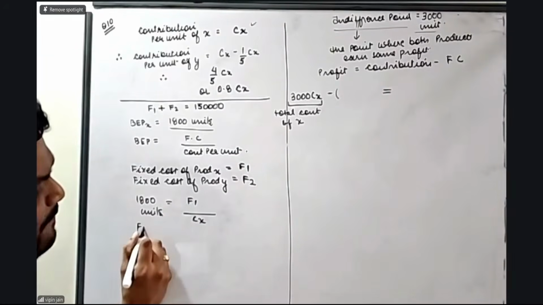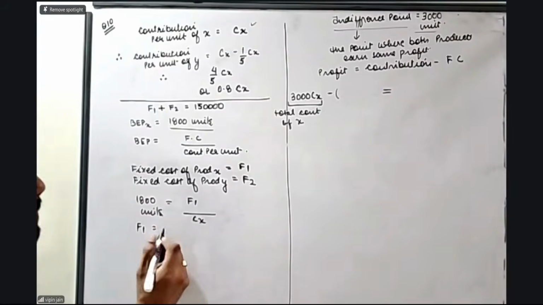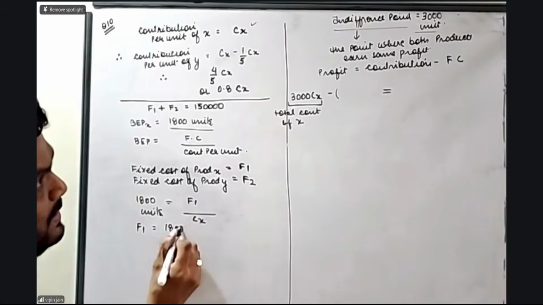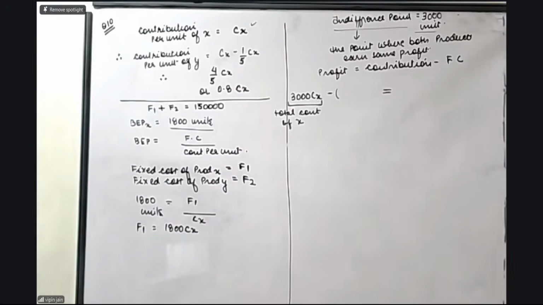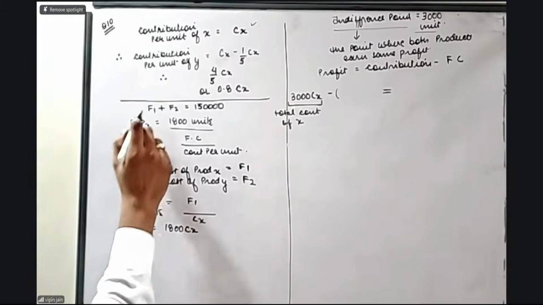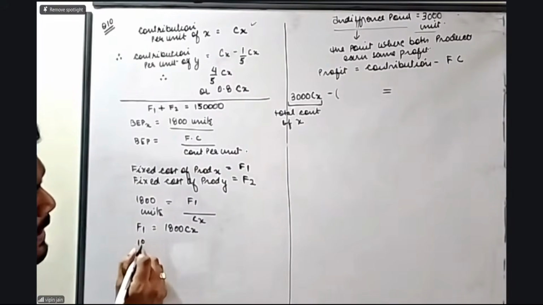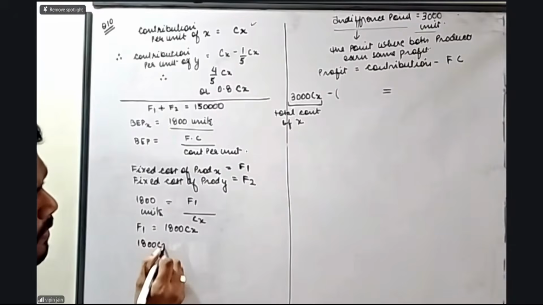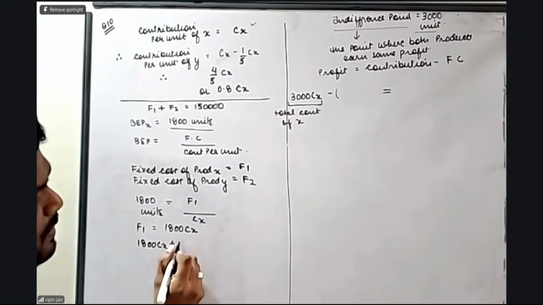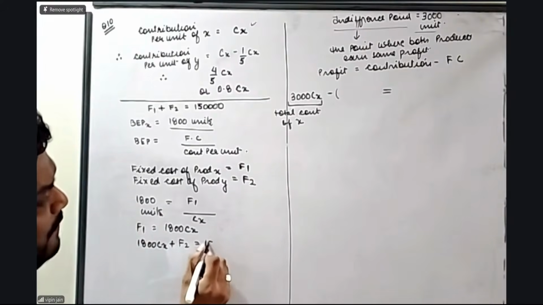So F1 will be equal to 1800 Cx. Now F1 plus F2 is equal to 1,50,000. So 1800 Cx plus F2 is equal to 1,50,000.